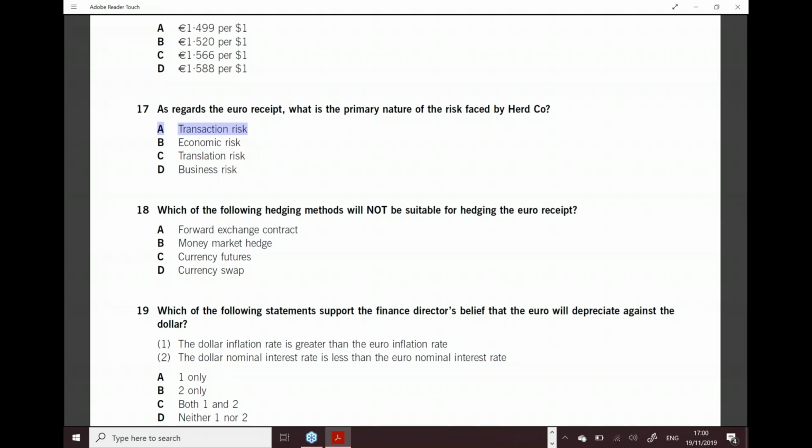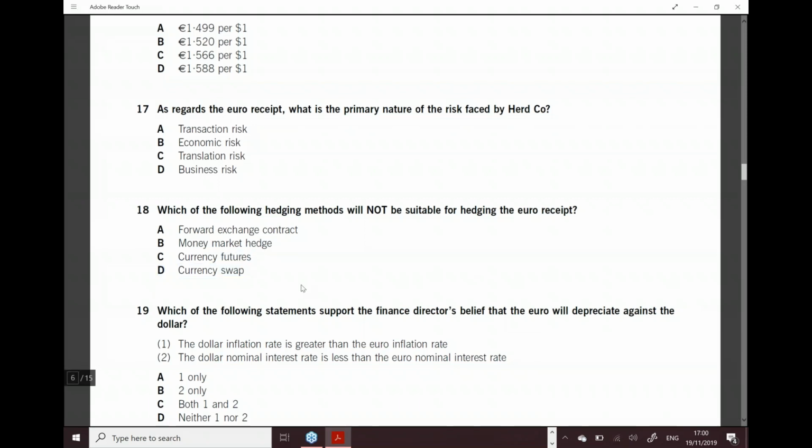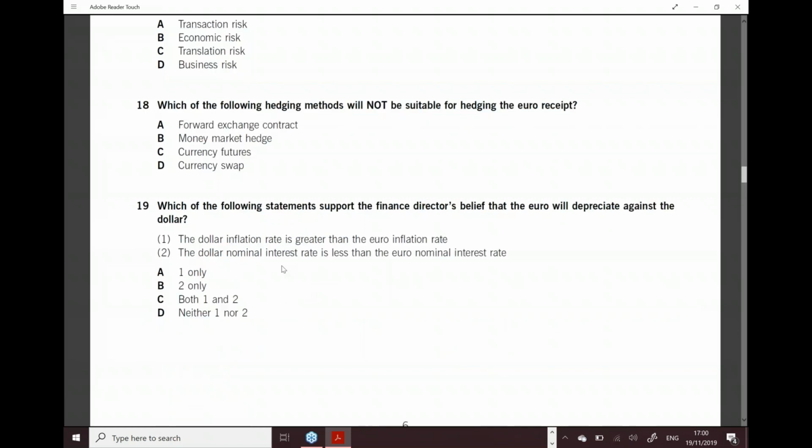Well, currency swaps do not work here, simply because in a currency swap there is an exchange of money at the beginning, during, and at the end, and that's not happening here. Everything else can be used.